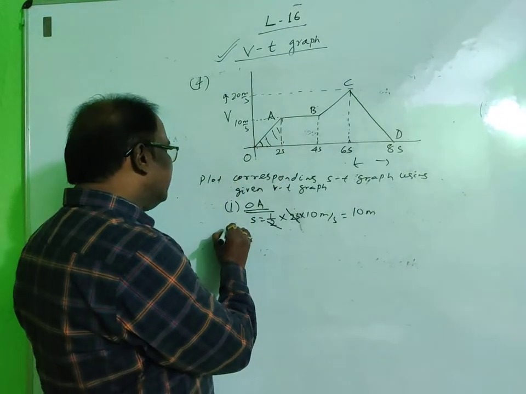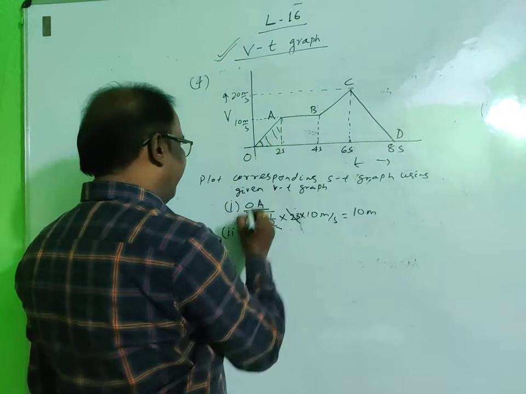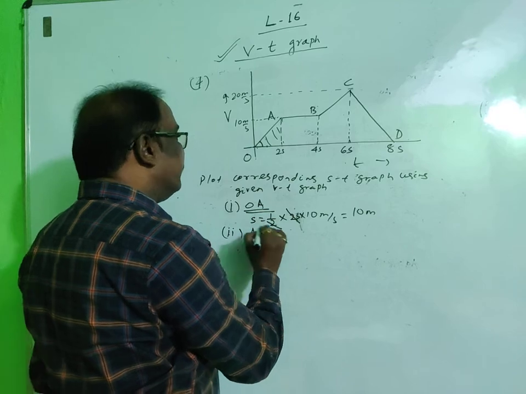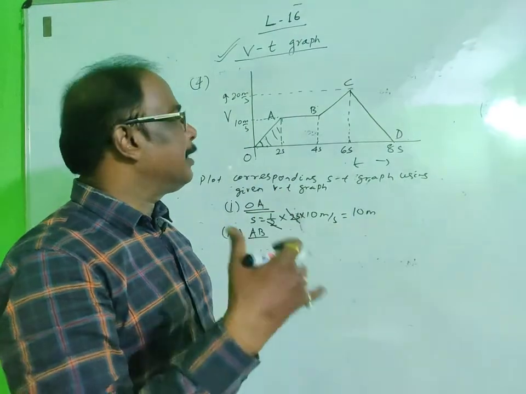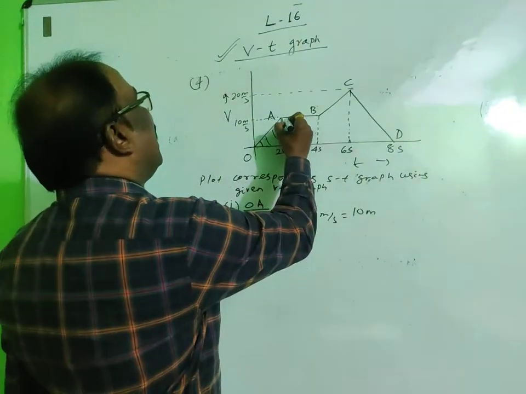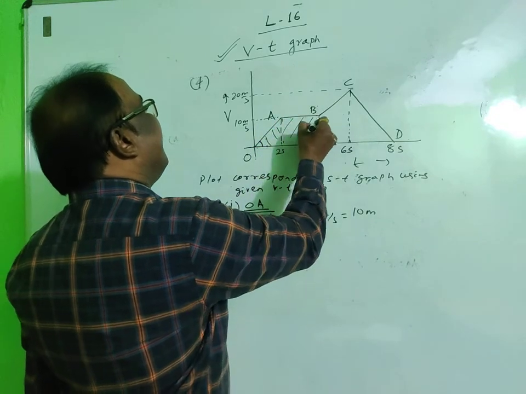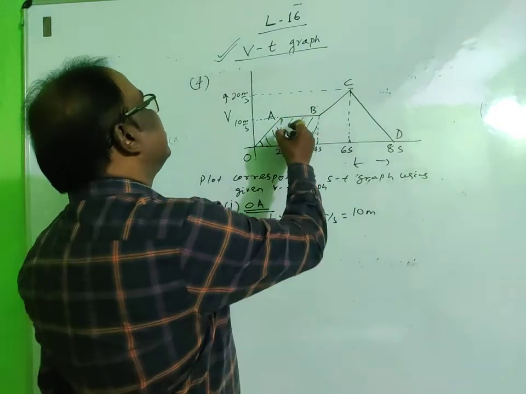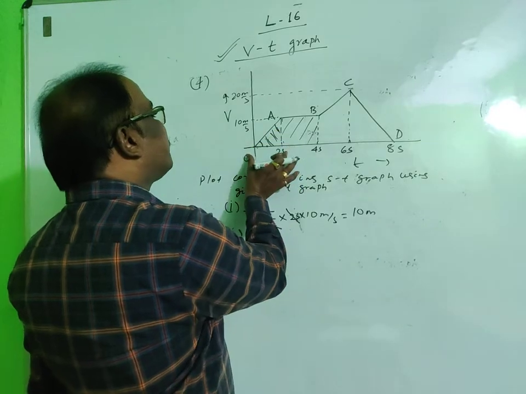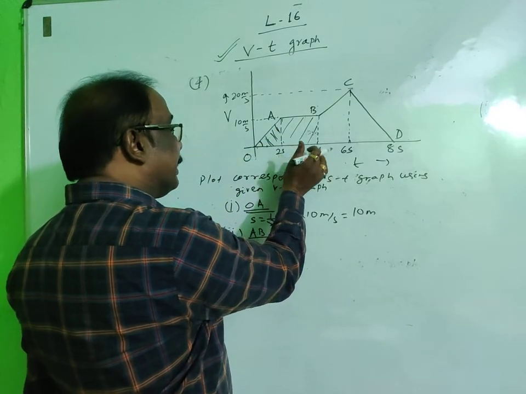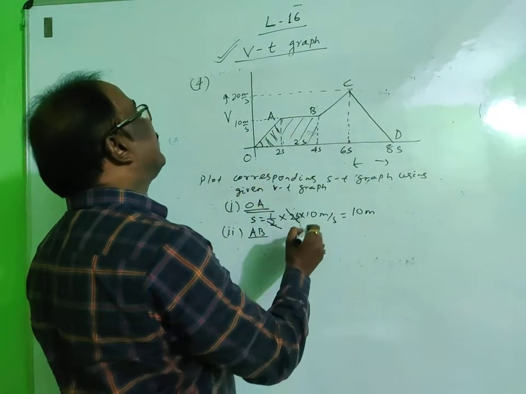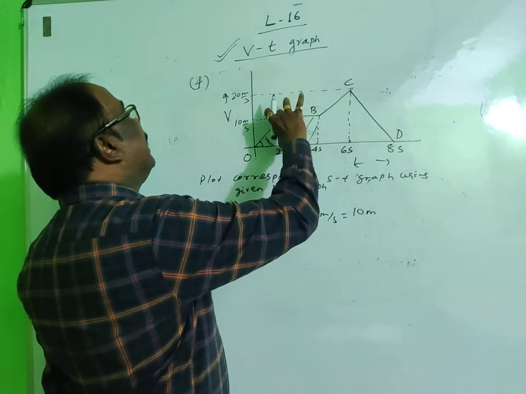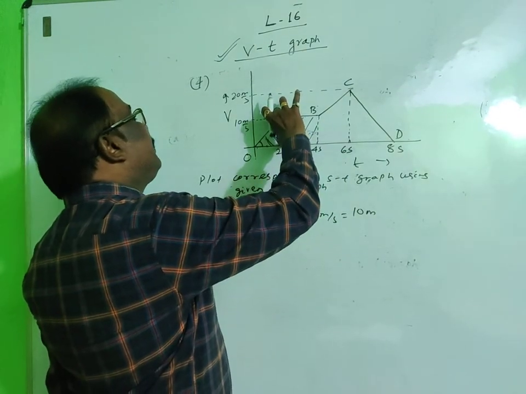Then number 2, in the region AB. Again we have to calculate distance. Distance is the area under the VT graph. This is the first 2 seconds, then 2 seconds to 4 seconds. Again the interval of time is 2 seconds, and this height is 10 meter per second.